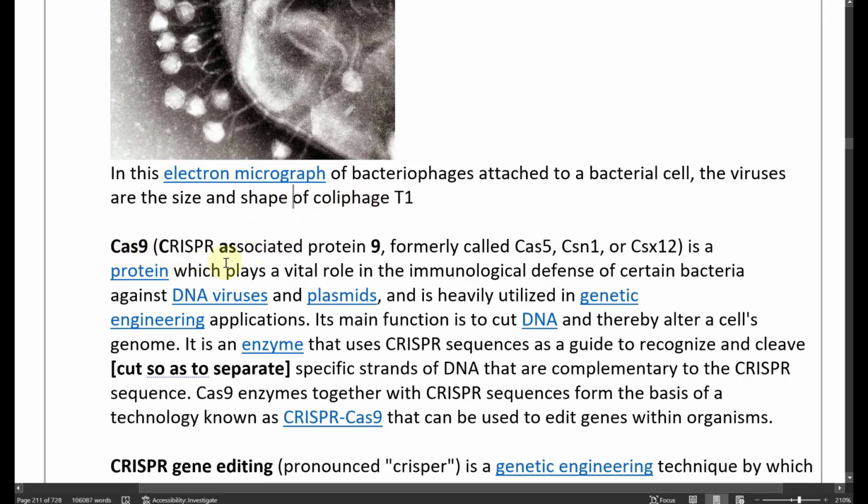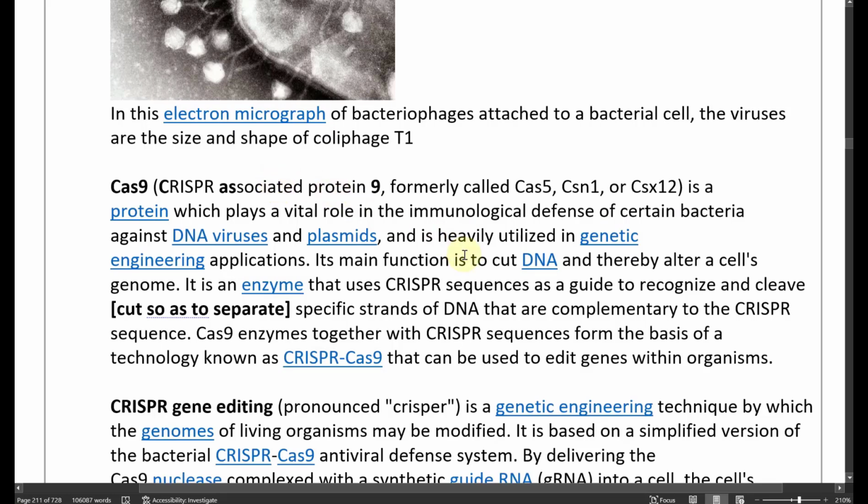Cas9 stands for CRISPR associated protein 9, formerly called Cas5, CSN1, or CSX12. It is a protein which plays a vital role in the immunological defense of certain bacteria against DNA viruses and plasmids.